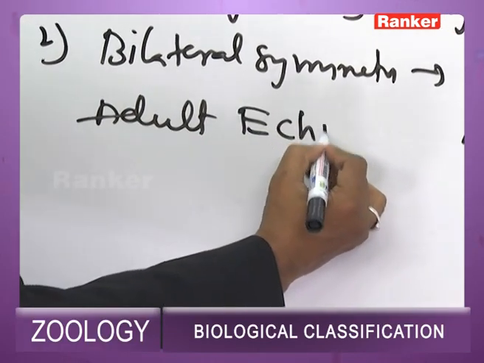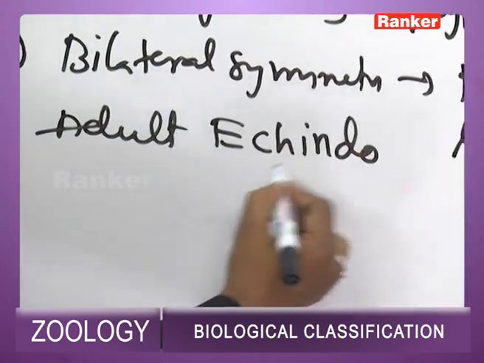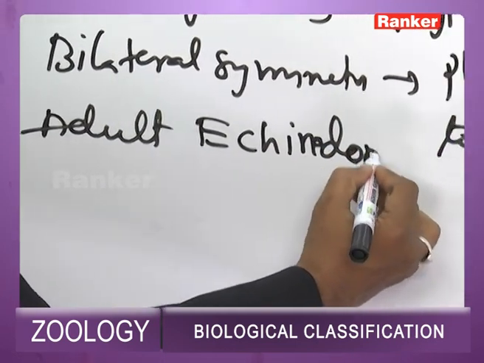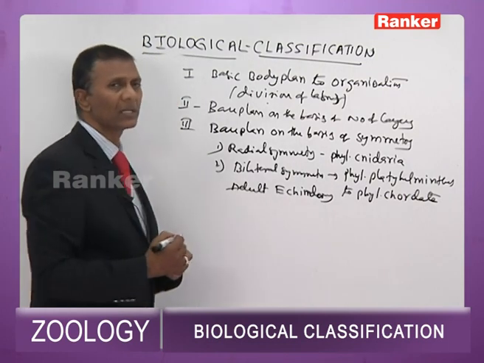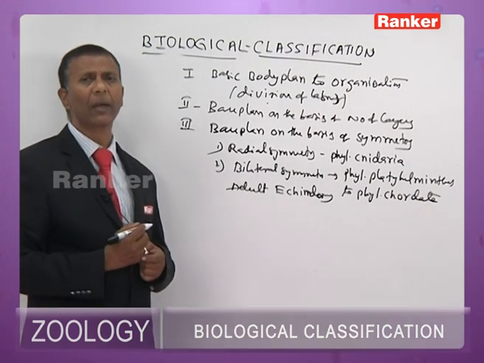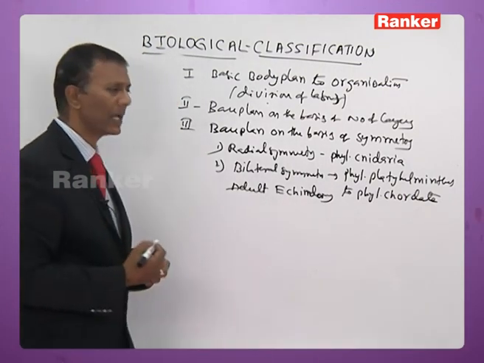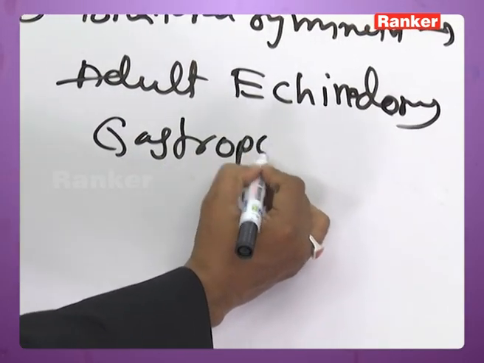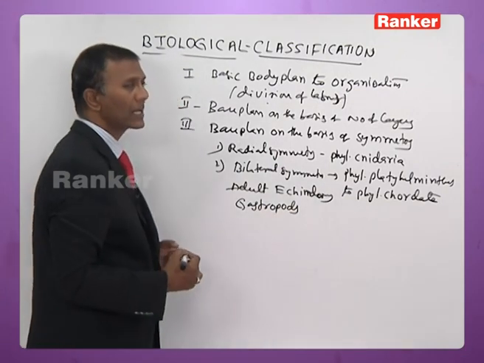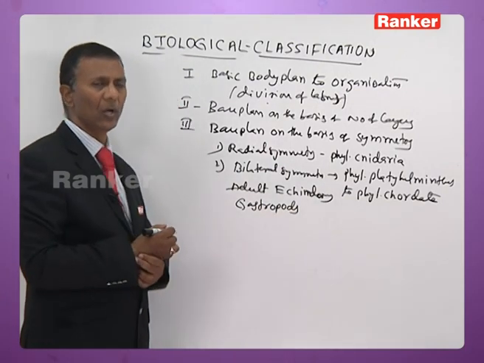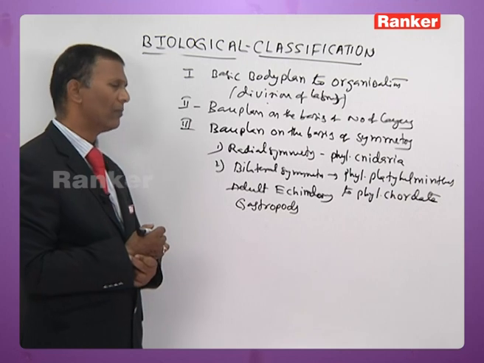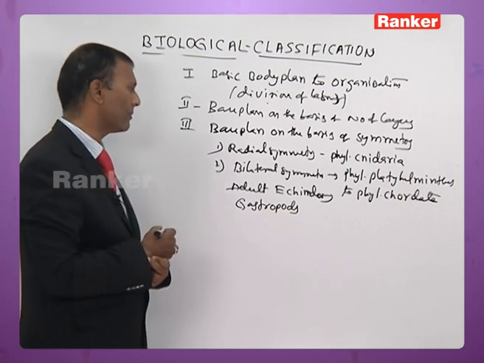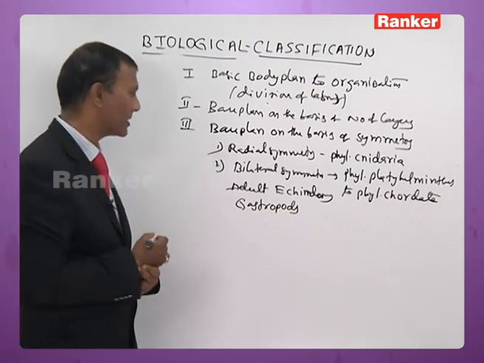In echinoderms, the larvae are bilaterally symmetrical, while adults are pentamerous radially symmetrical. Same way gastropods are asymmetrical because of torsion. So except these two groups, Platyhelminthes to Chordata all exhibit bilateral symmetry.